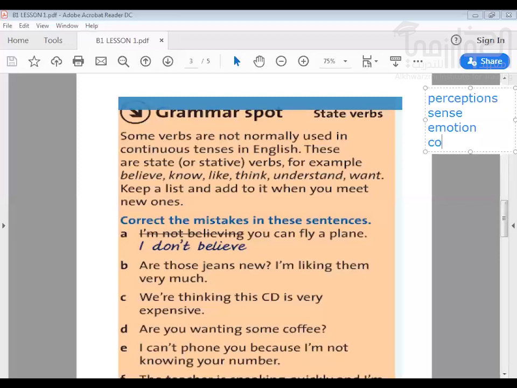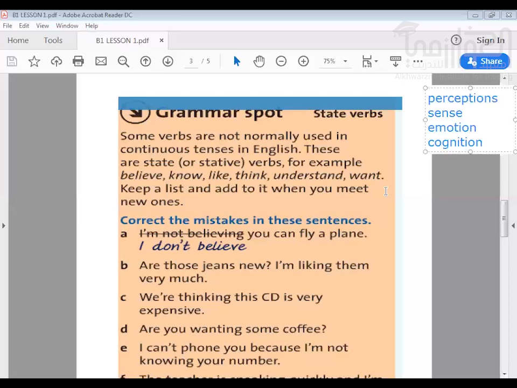This is the word, you can look up the meaning. It is how you use the process of thinking to understand something. We don't say I am understanding him. We just say I understand him. We don't say I am knowing what he's saying. We just say I know.